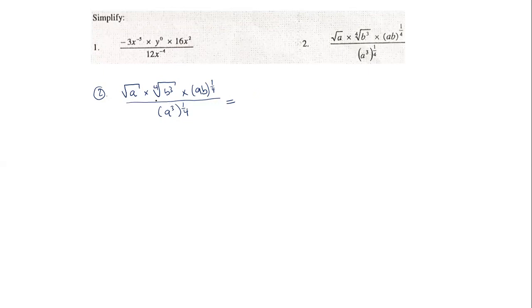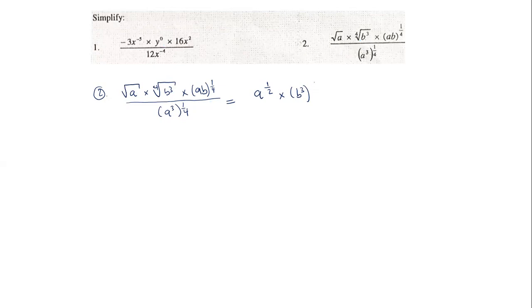So now, applying all of our basics, we know that this is a square root, right? The square root of a, changing this to exponential form, is going to be a to the power of 1 over 2. And therefore, we're going to say this multiplied by b to the power of 3, which is this 1 over there. But now we have a fourth root. So let's change this root into exponential form.